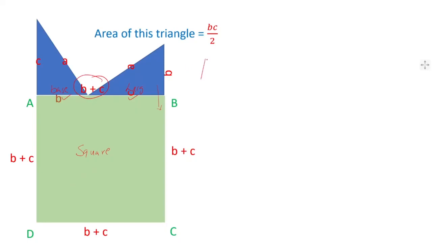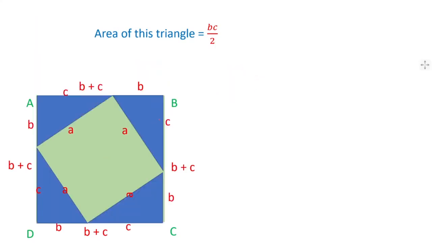Here we have a square ABCD having sides equal to B plus C, where B is base and C is height of the right-angled triangle we studied. And I am placing the same triangle four times here by cutting four equal triangles: height, base, base, height, base, height, base and height.